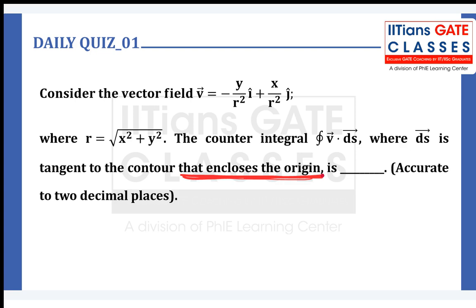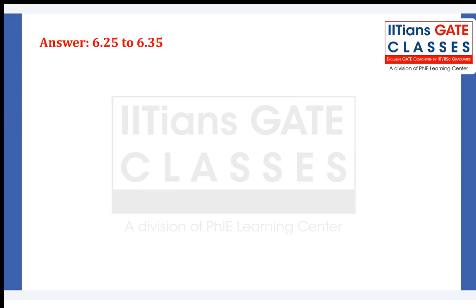Okay, so for example, if you're solving this problem using Green's theorem, let's say you are considering this v bar as minus y by r square into i cap plus x by r square into j cap.